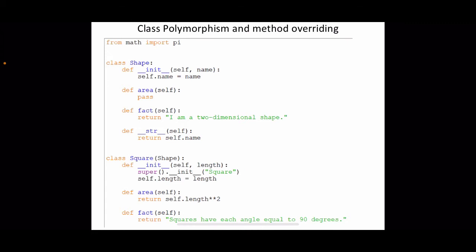Here's an example. We have a class called shape. Inside that we have an init method, simply assigning an argument passed at the time of object creation to the attribute name. And another method, area, which is simply an interface here, does nothing, right?